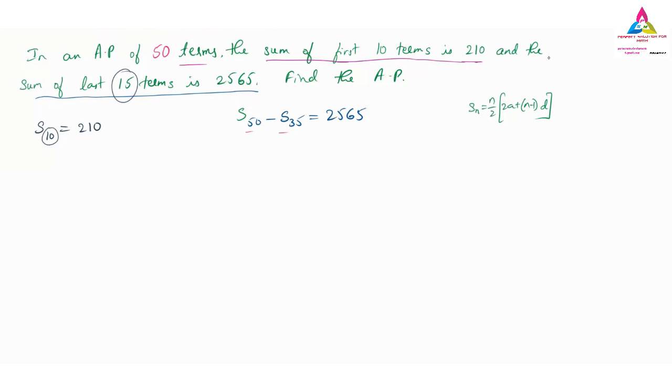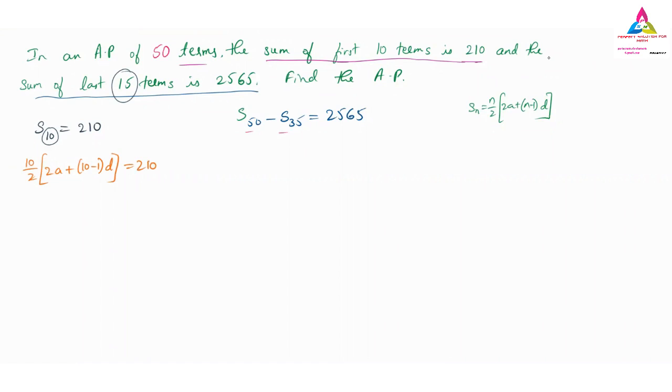So n by 2 is nothing but 10 by 2. The n value is 10 here, into 2a plus 10 minus 1 into d, equals 210.